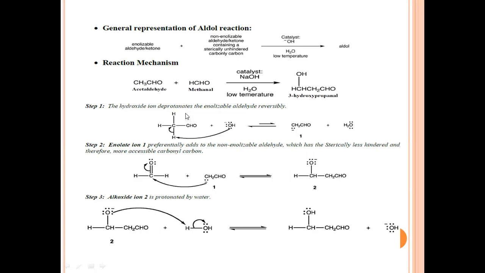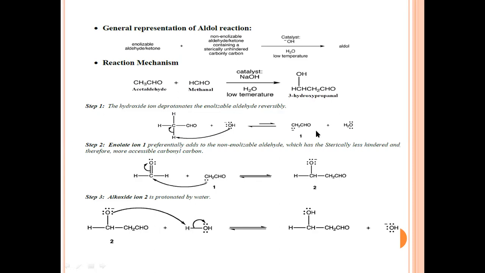So the hydroxide ion deprotonates the enolizable aldehyde reversibly. So this base will deprotonate the alpha hydrogen containing carbonyl molecule, and there is the formation of an enolate ion.